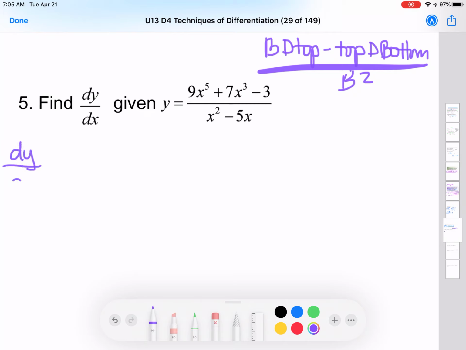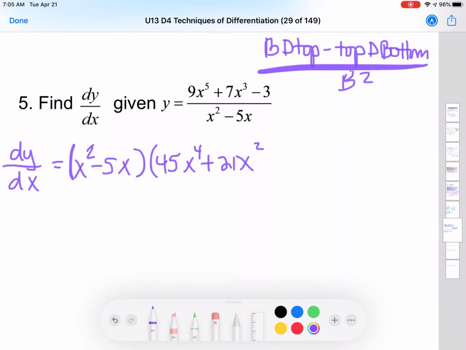The change in y with respect to x, right, that's how we say that, it's just the derivative, is equal to bottom times derivative of the top minus top times derivative of the bottom.